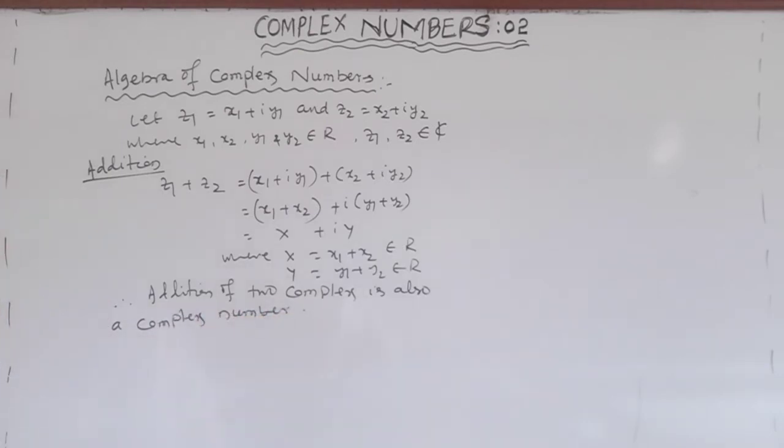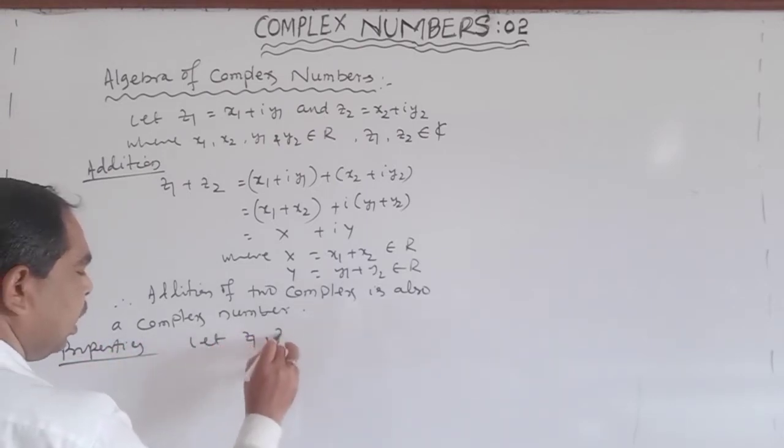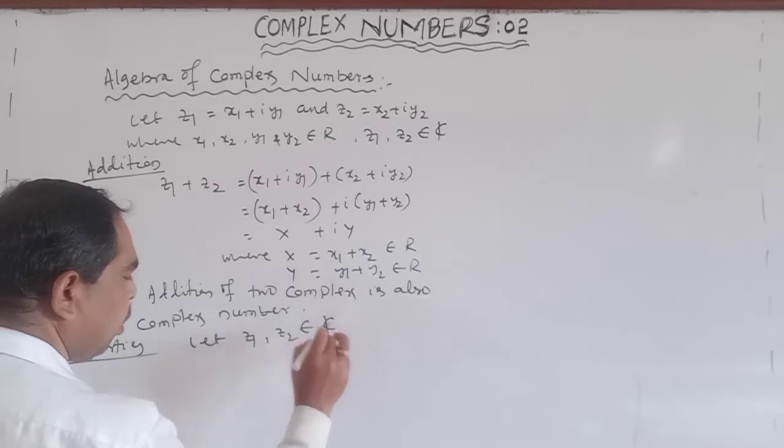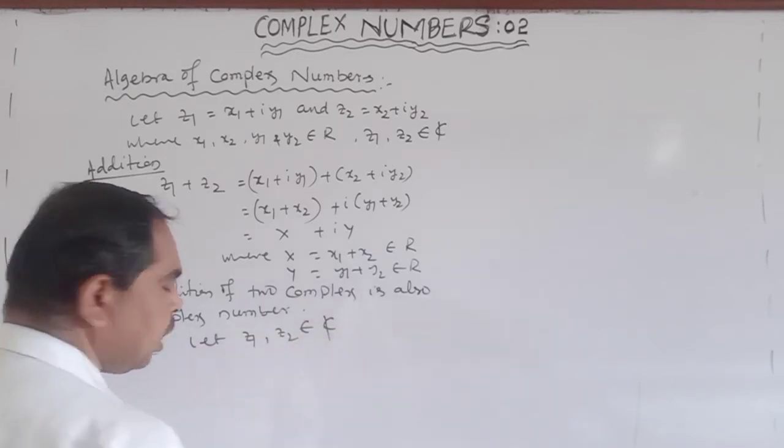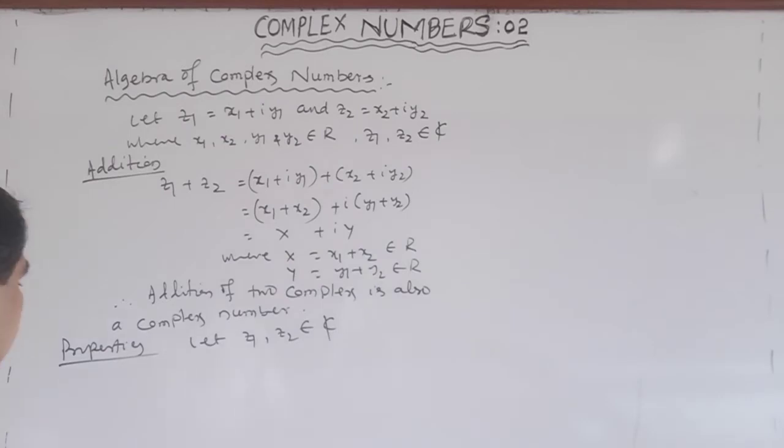Okay, the properties. Let z1, z2 belong to set of complex number C. So first, closure property. What is closure property?